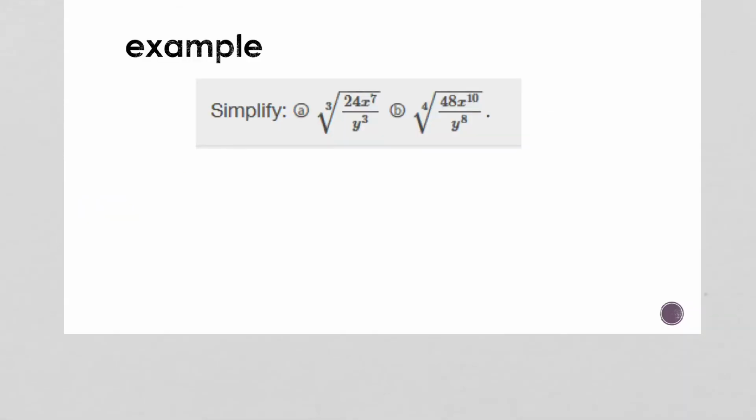All right, so now let's look at part A here. So we're taking the cube root of 24x to the 7th divided by y to the third power. Now, I can't simplify anything under this radical, so it won't really do me any good to have it written in this form. So it might just be easier to write it like this. The cube root of 24x to the 7th over the cube root of y to the third.